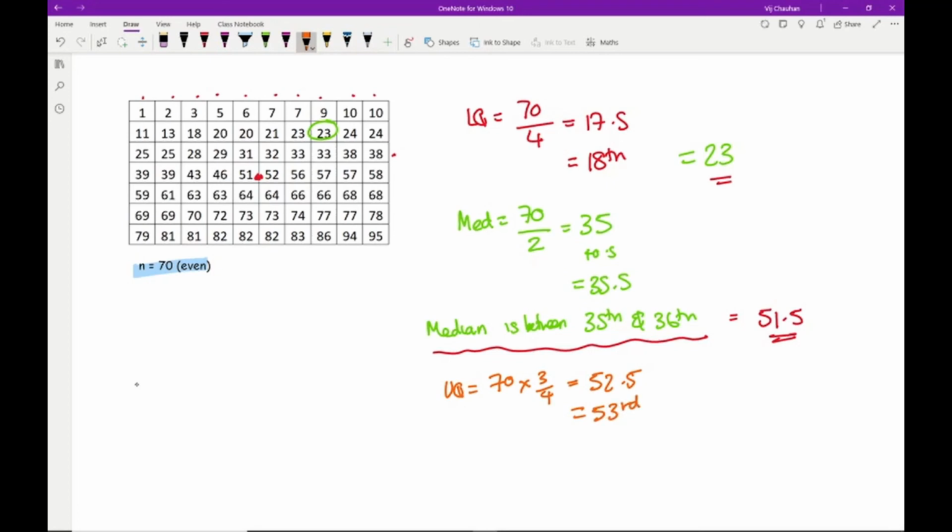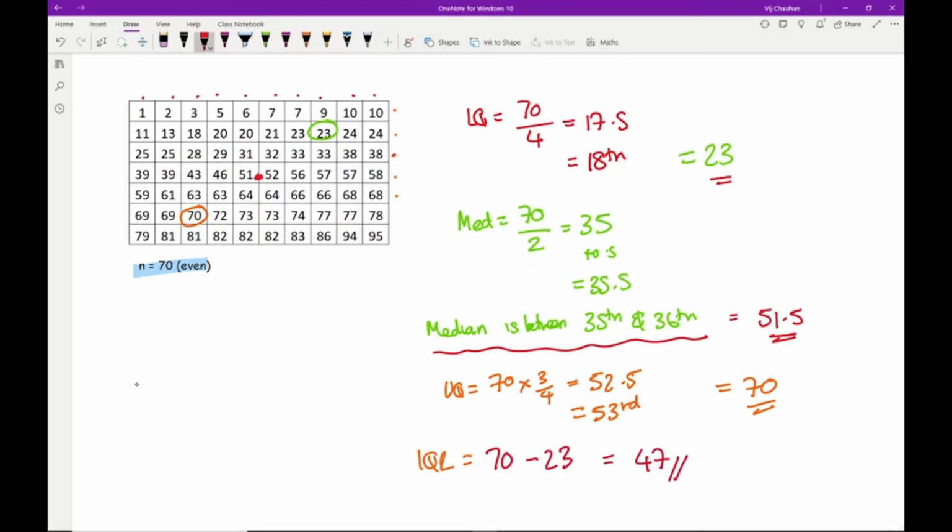And again, counting through the data, I've got 10, 20, 30, 40, 50. My 53rd number is 70. And there is my upper quartile, so giving me my IQR value of 70 minus 23, which gives me 47. And there is your answer.